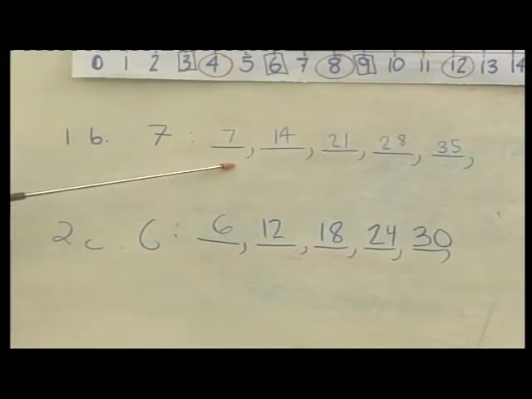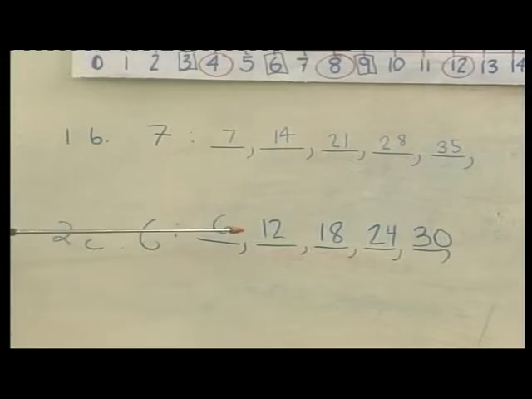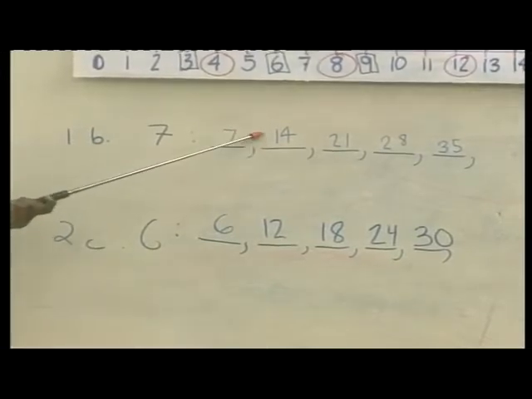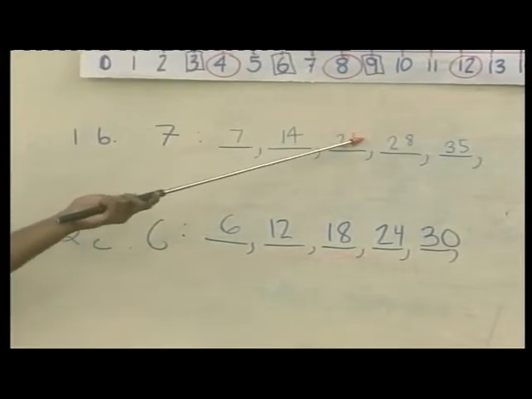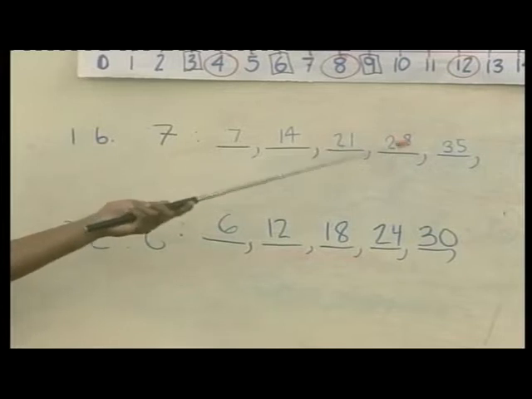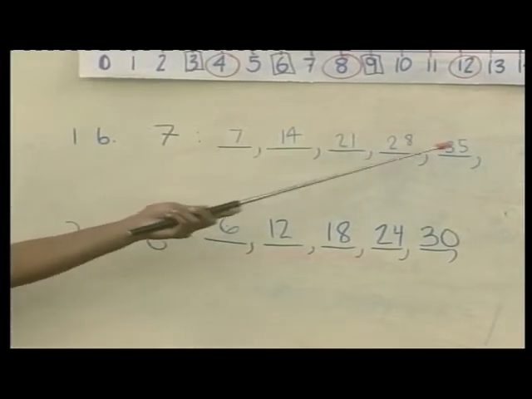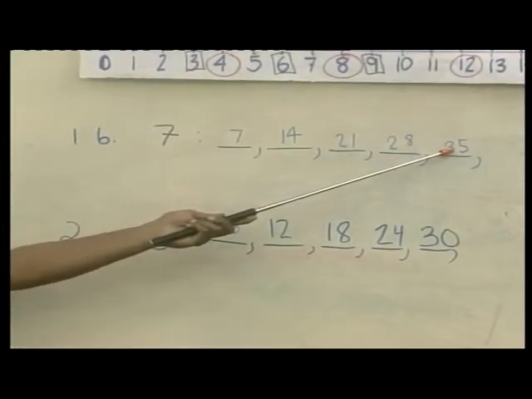Is this correct with the first 5 multiples, receiving students? Class? Okay, let's try. 7 ones are 7. 7 twos are 14. 7 fives are 35.